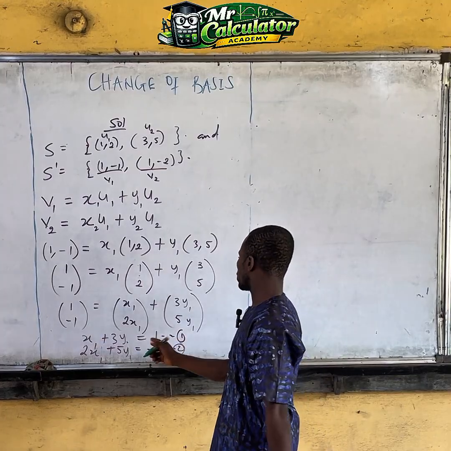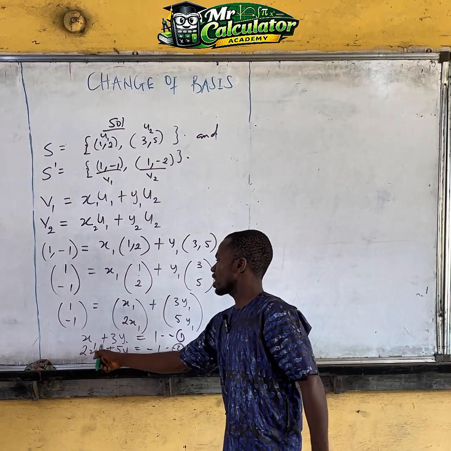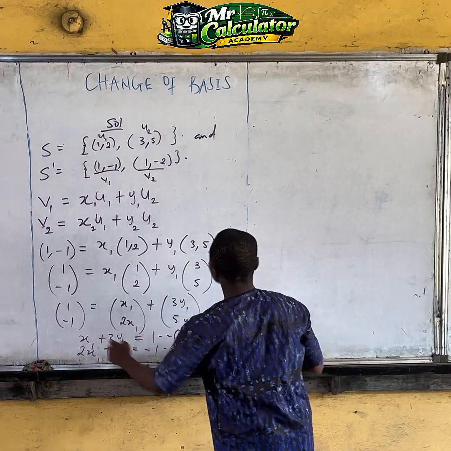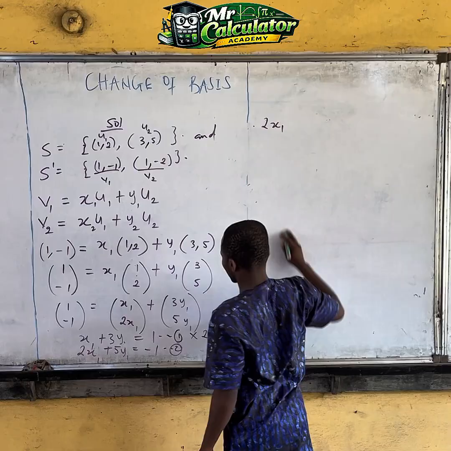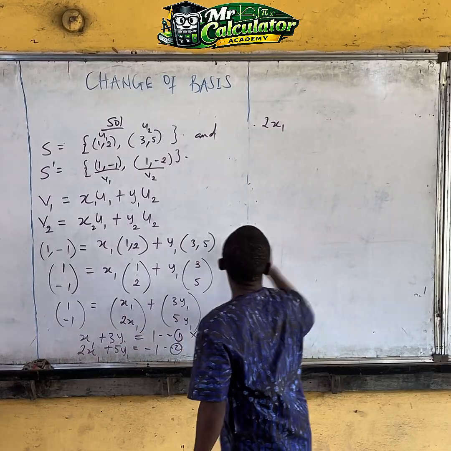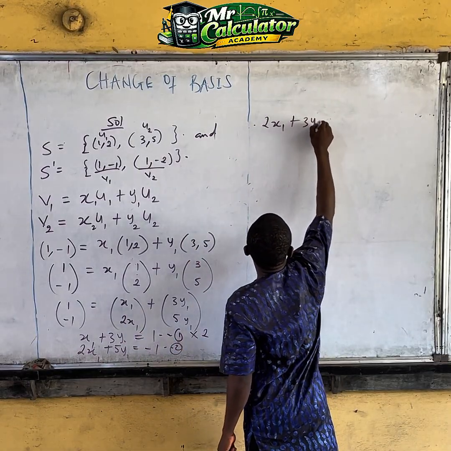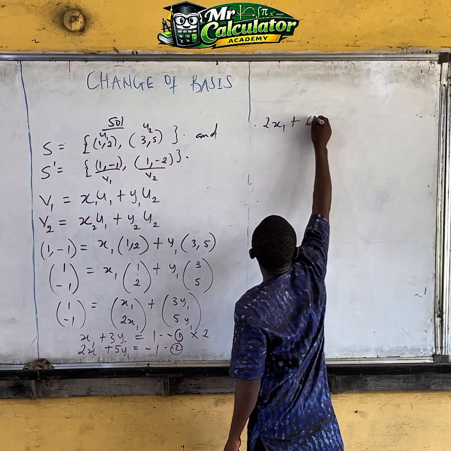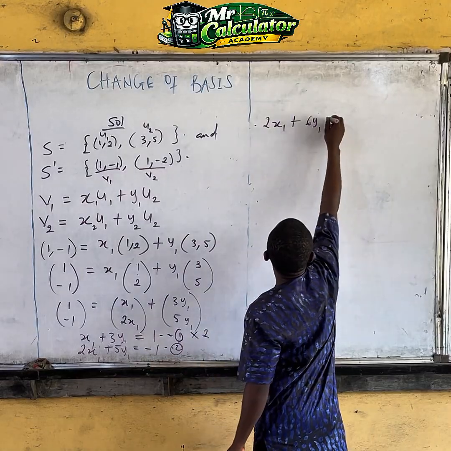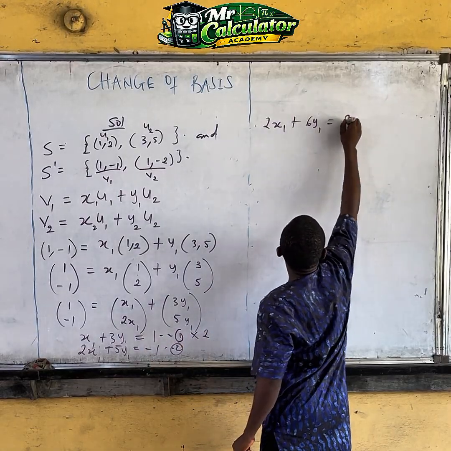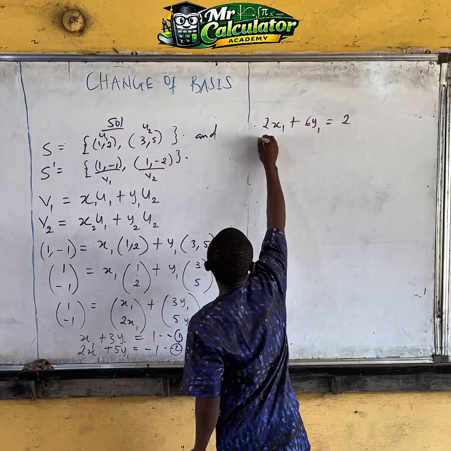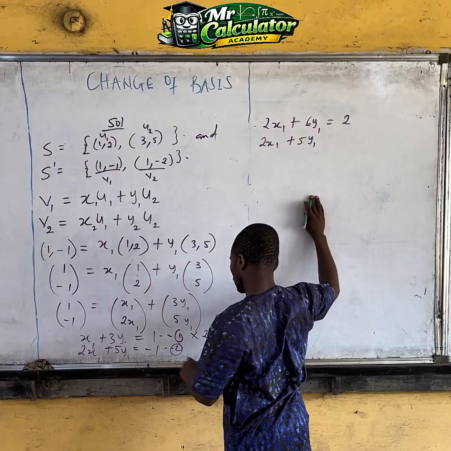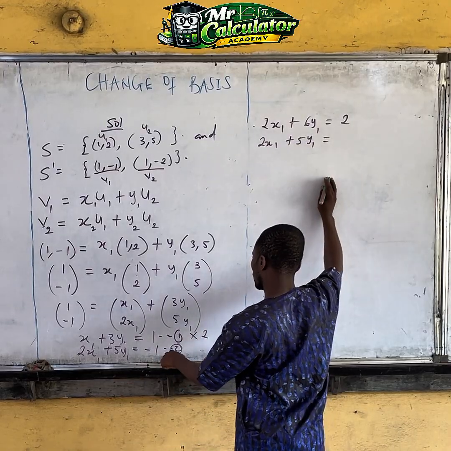So I can multiply equation 1 by 2 so that it becomes 2X1. 2 times X1 gives 2X1, 2 times 3Y1 gives 6Y1, and 2 times 1 gives 2. Then we bring back equation 2: 2X1 plus 5Y1 equals -1.